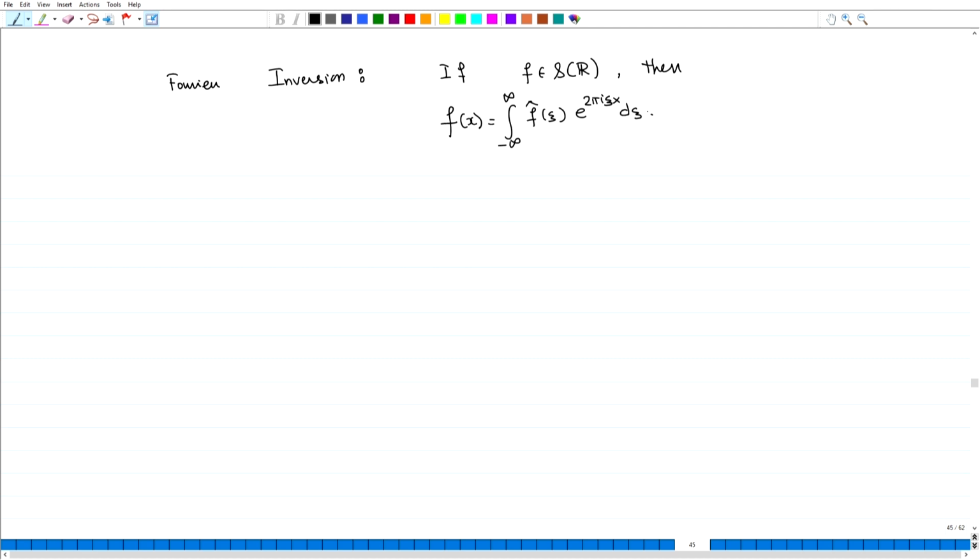This is what we had proved, and now we ask another important theorem, that is the Plancherel theorem. What will be the statement of this? Again you recall we have defined, for f in Schwarz space, the norm of f is equal to the integral from minus infinity to infinity of mod of f of x square dx, whole to the power 1 over 2.